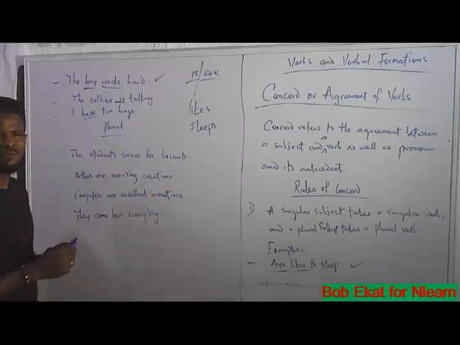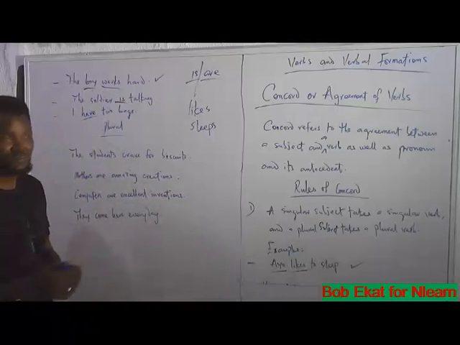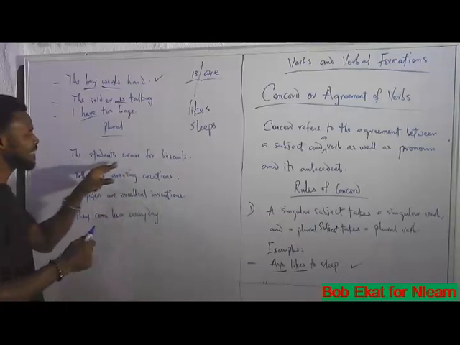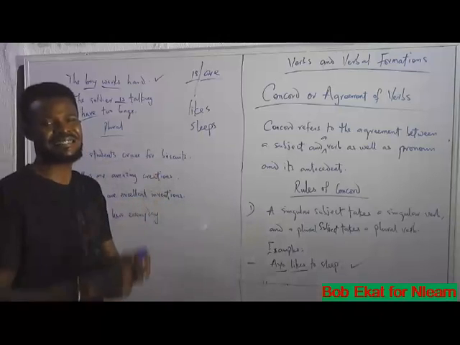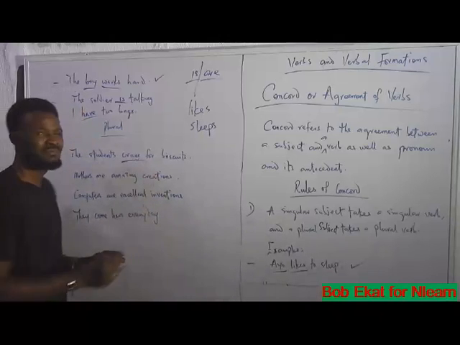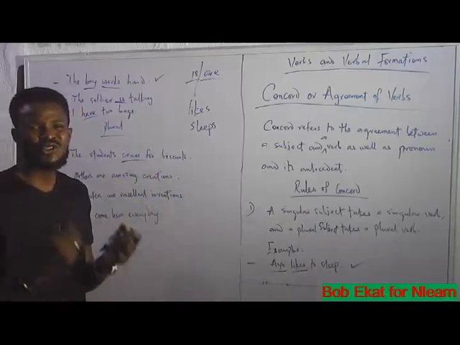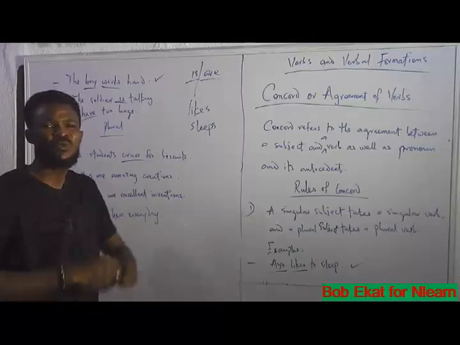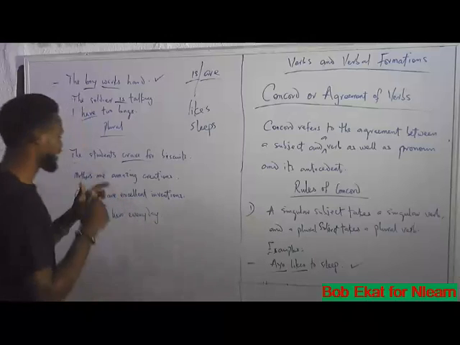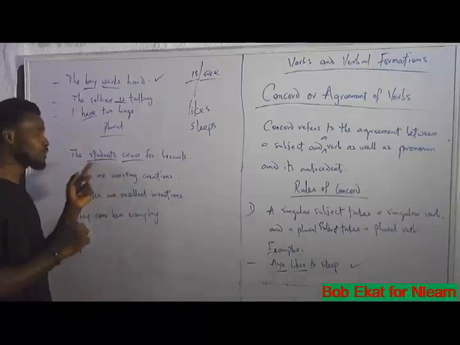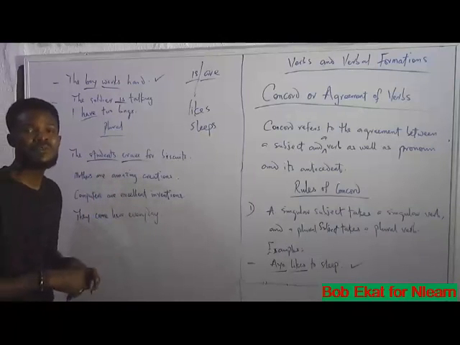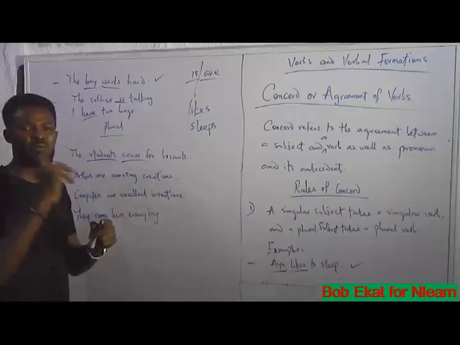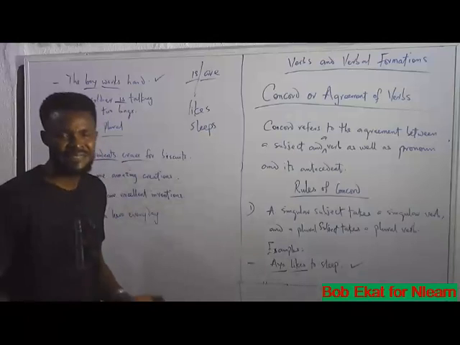Now, the plural form of verbs or examples of this first rule are here. The students crave for biscuits. The word crave means desire. It is a strong yearning for something. It's a strong desire. It means you want that thing badly. The students, which is our subject, is in plural form because of the S. Students, meaning more than one, perhaps many students.